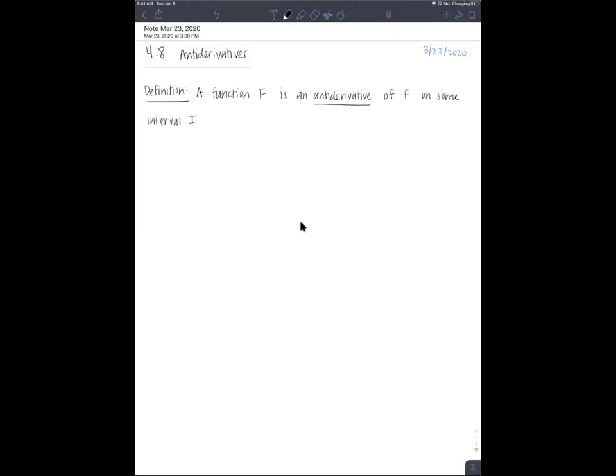So it's an antiderivative if the derivative of big F is equal to little f for all values of x in that interval. So x in I.